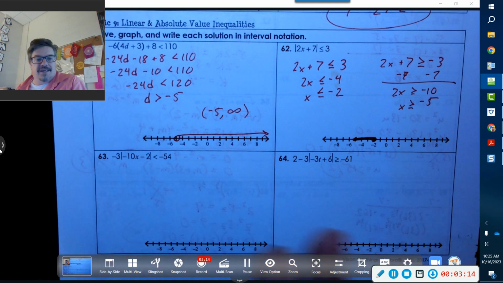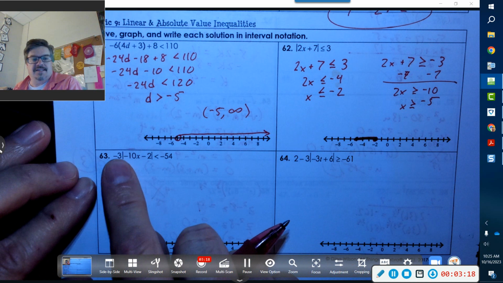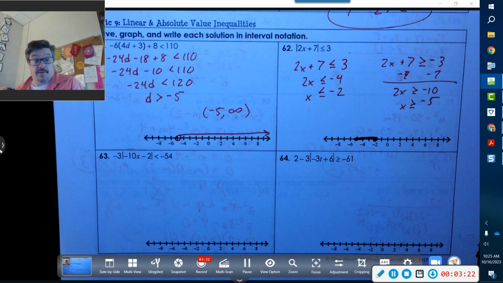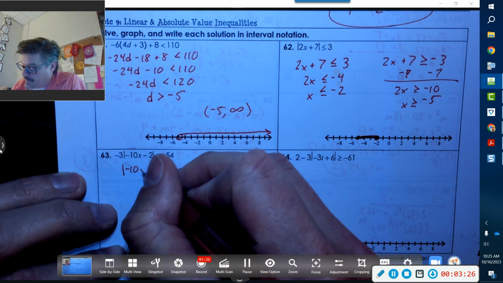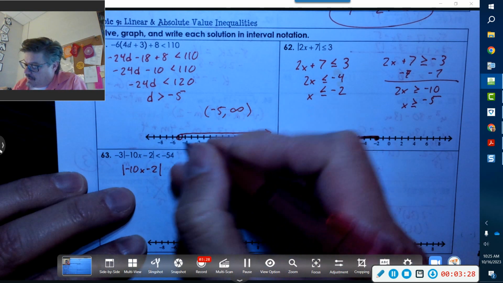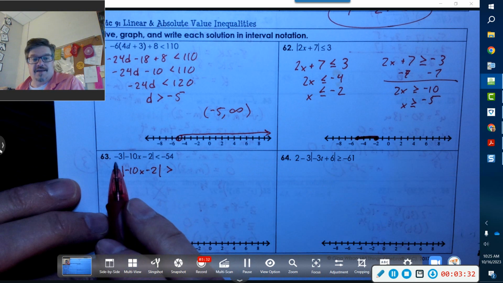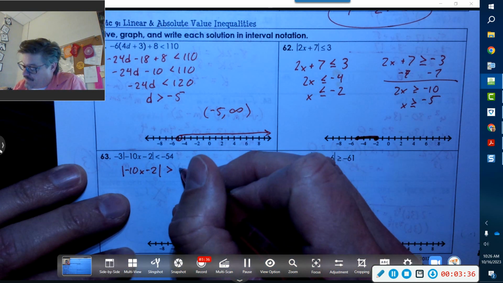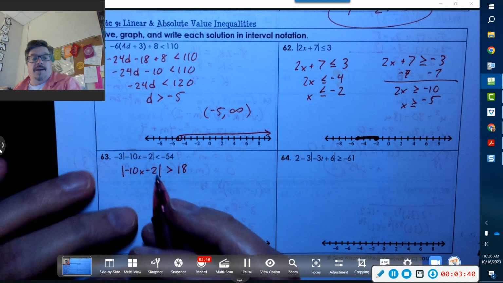So now we're going to do this one. I'm not going to split these apart until I get this isolated, because dividing by negative 3 is kind of an issue, right? We change our orientation. So let's go ahead and change the direction of the sign, because I'm dividing by negative 3. And that would be a positive 18.